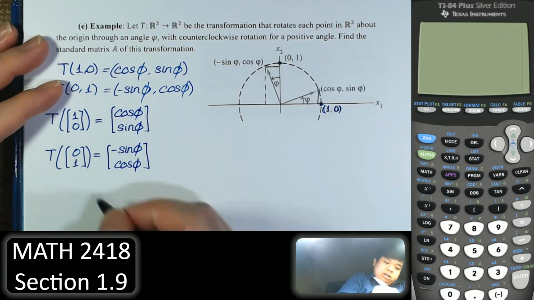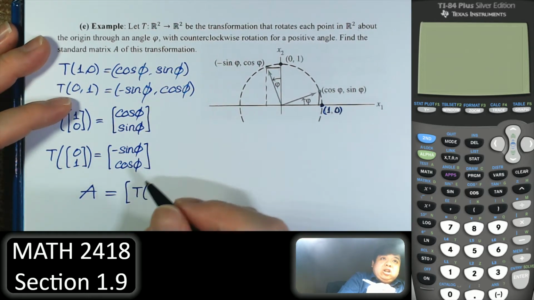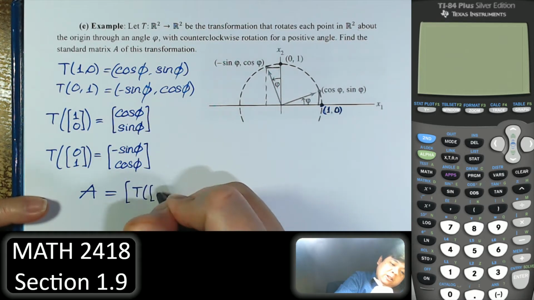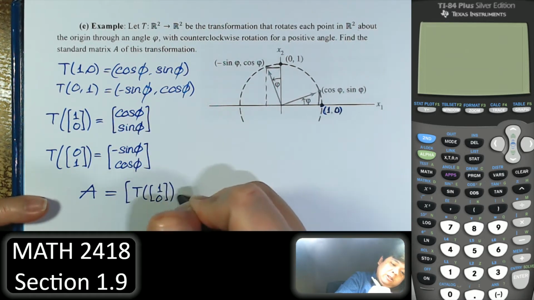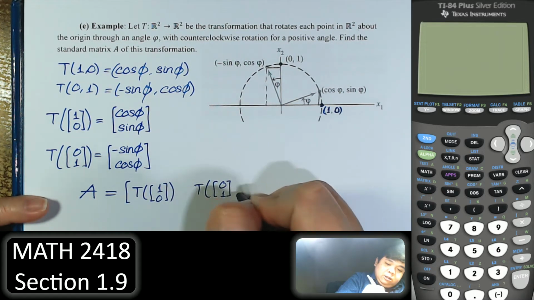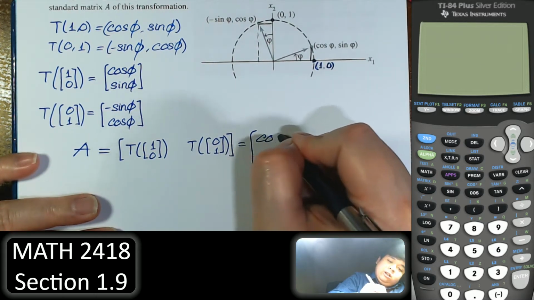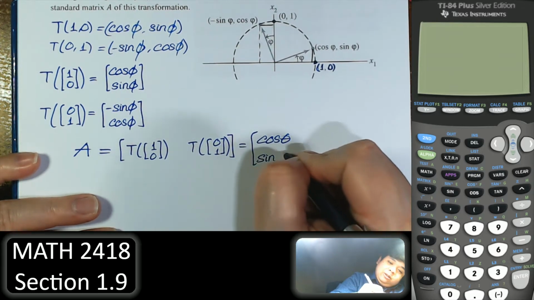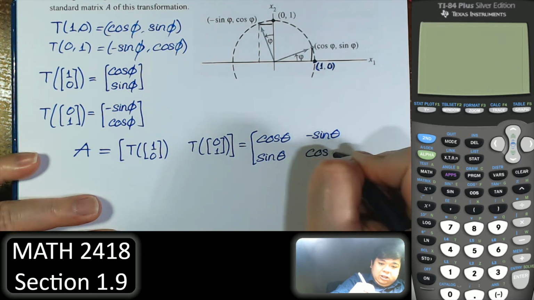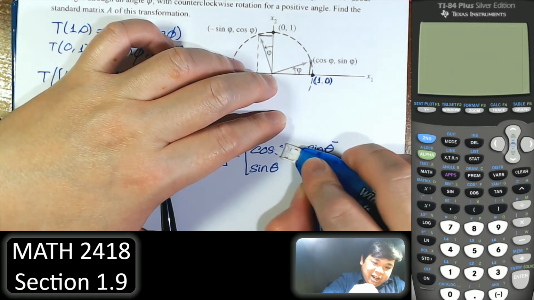And the standard matrix is just the transformation of the columns of the identity matrix. So we just have cosine and sine, negative sine and cosine. I just keep writing theta instead of phi, sorry.